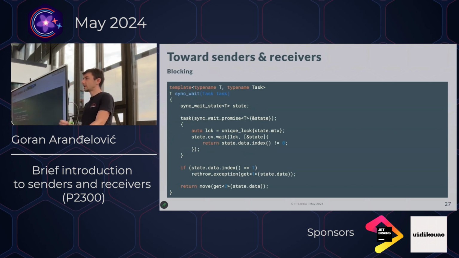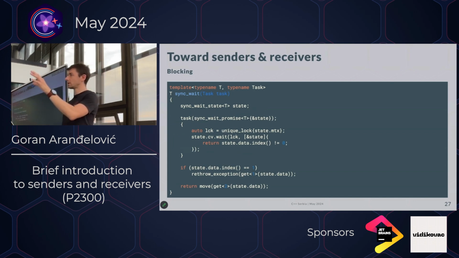And there is another important algorithm. We mentioned only one so far, the then algorithm. Another important algorithm, called exactly like this in the proposal, is sync wait. Sync wait is basically something that blocks and waits for the result. So imagine you built a graph of tasks. You didn't start the execution yet.